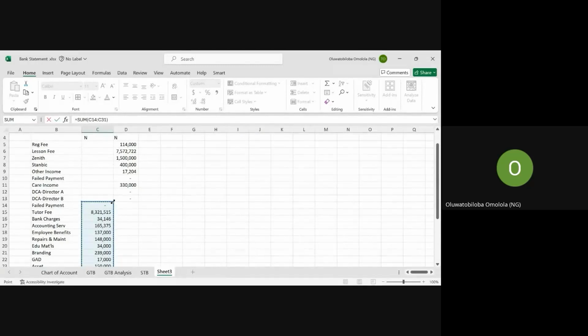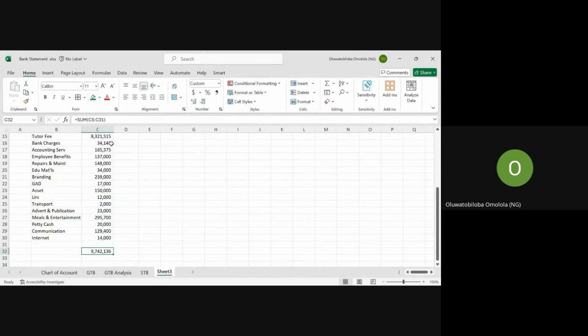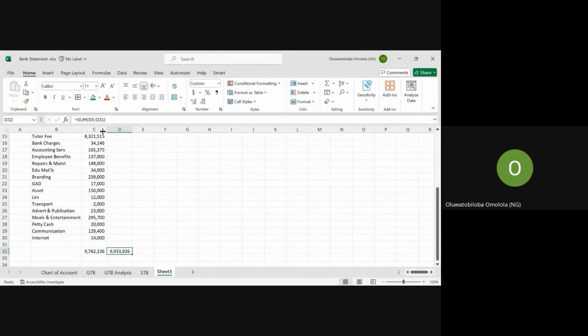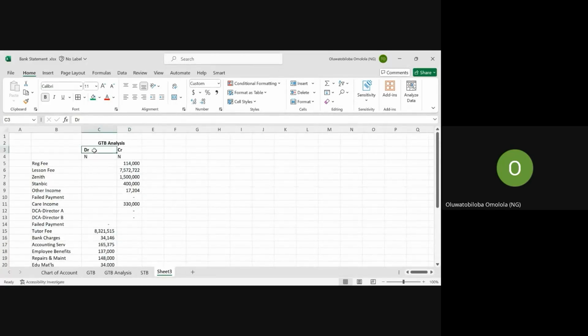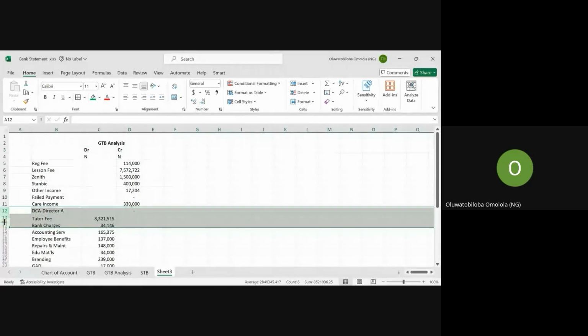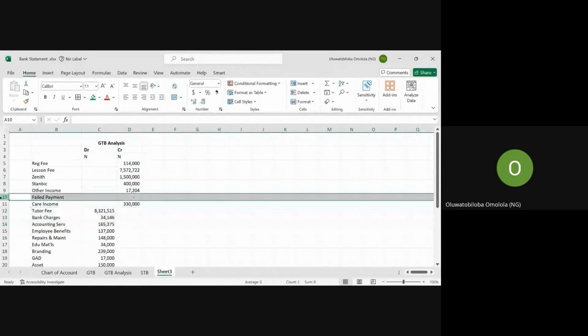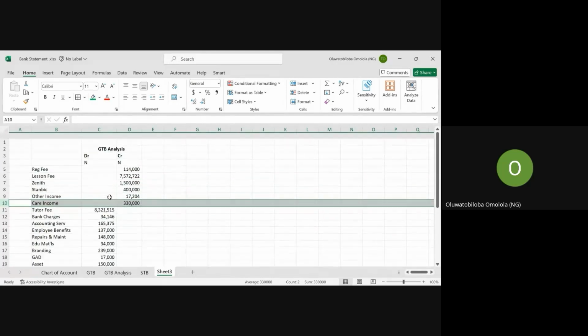But just for consistency's sake, I want to drag my own a little bit upwards. So this is debit side, this is credit side. So these two are amount balance, please. There's nothing there, so I can take them out of my trial balance. So this thing that I already have like this, it is now my trial balance.